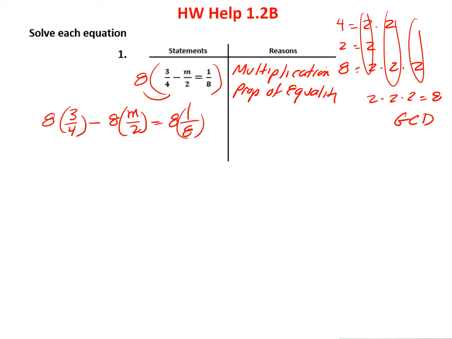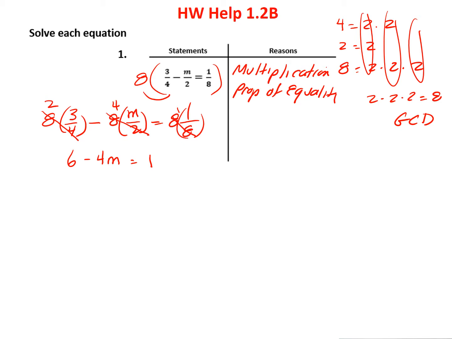Well, I can do a little simplification here. 8 divided by 4 is 2, so 2 times 3 is 6. 8 divided by 2 is 4, so this is going to be minus 4m equals 8 divided by 8 is 1, equals 1. Notice what we did. By simply multiplying by the greatest common denominator, we eliminated the fractions, and you're looking at this equation and going, I can do that one.